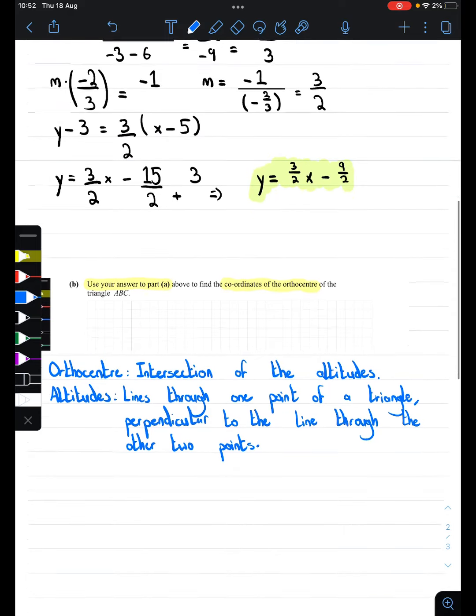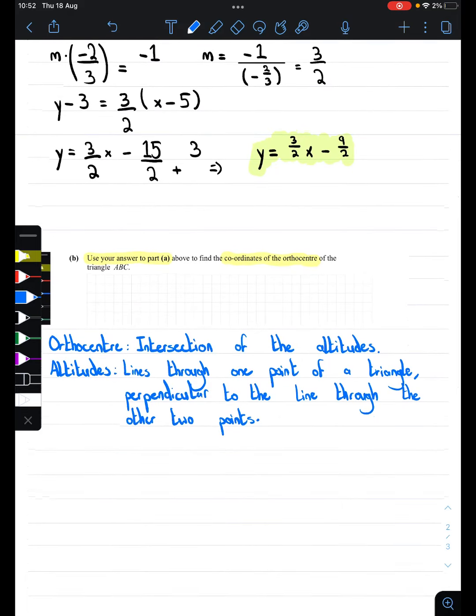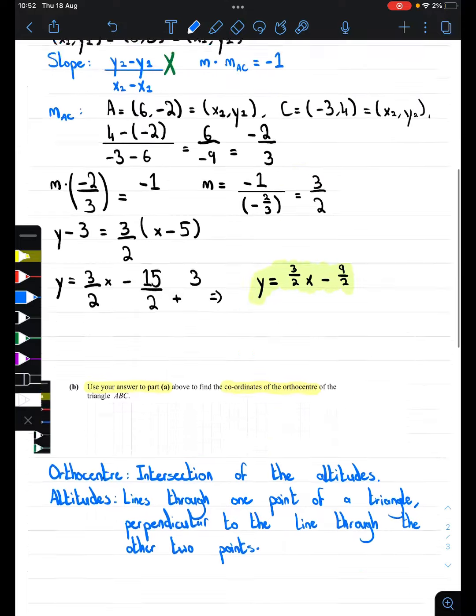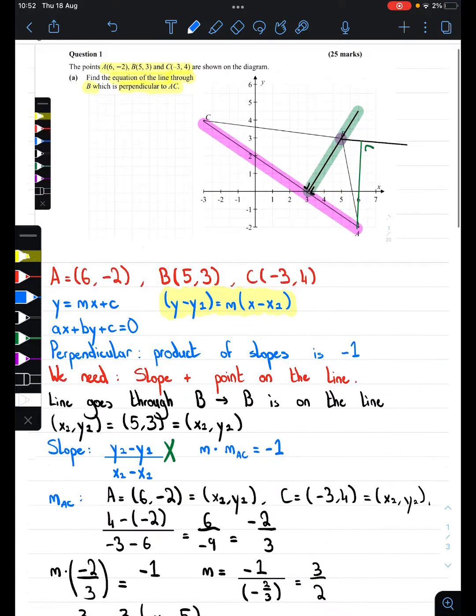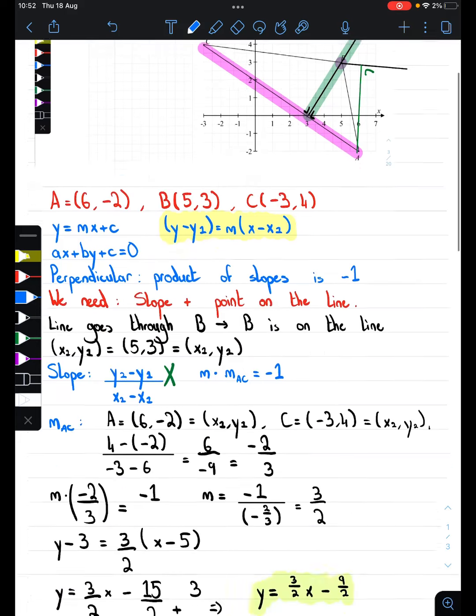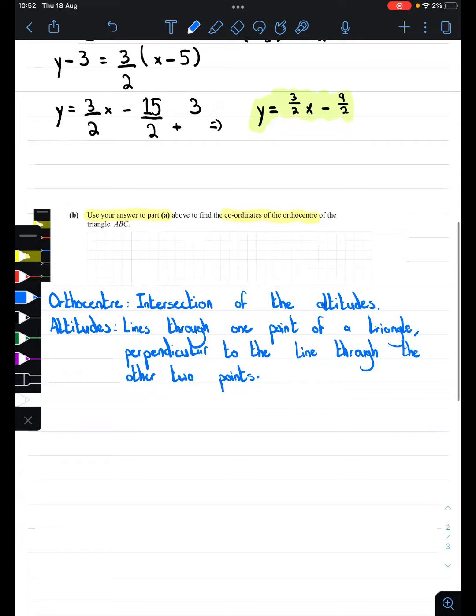Okay, so we're looking for the intersection of 2 lines, or the intersection of 3 lines, but because they all intersect at the same point, we just need 2 of the altitudes. We already have one.